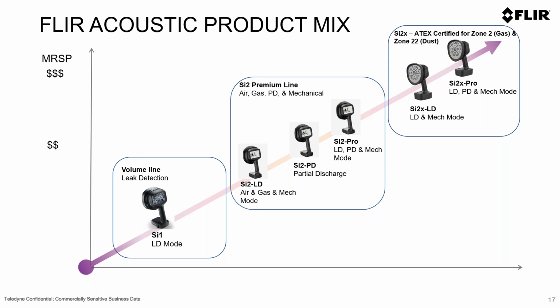Then we have the premium line, which covers the SI2 cameras: SI2 LD, SI2 PD, SI2 Pro, where the Pro covers all the different modes and features that we have for our acoustic cameras. And then we have the SI2X, which is our product line for the use of acoustic cameras in hazardous environments. So the cameras are ATEX certified, and we are about to get the IECEx certification, very soon. So basically, this is a display of our product mix.